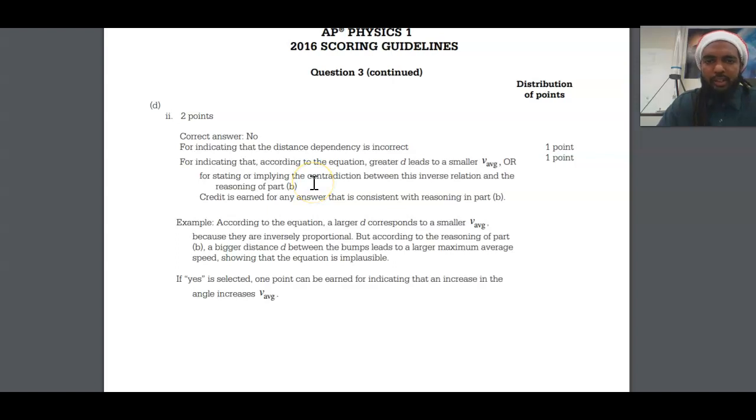So according to the scoring guidelines, the answer is no, and you get 1 point for saying the correct answer, but the other point for the explanation, and again for implying that there's a contradiction between the reasoning in part B, or for stating that a bigger distance leads to a larger maximum average speed, showing that the equation doesn't make sense. That will give you a second point. However, you would get 1 point even if you got it wrong if your reasoning was legitimate. In other words, saying that increasing the angle will increase the V average, then you will get 1 point.